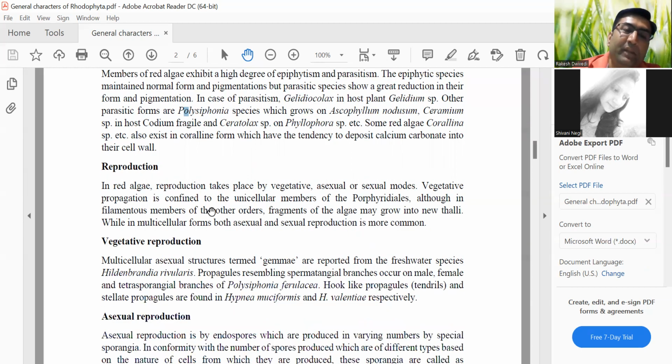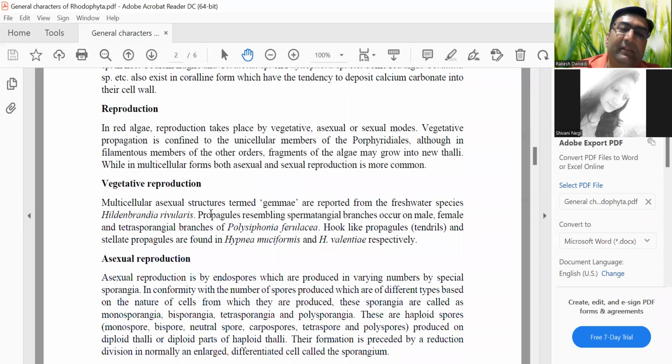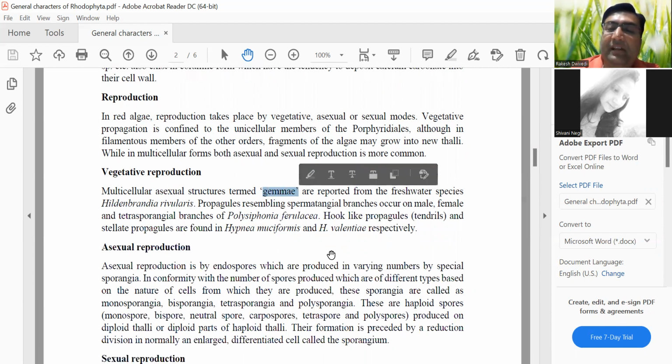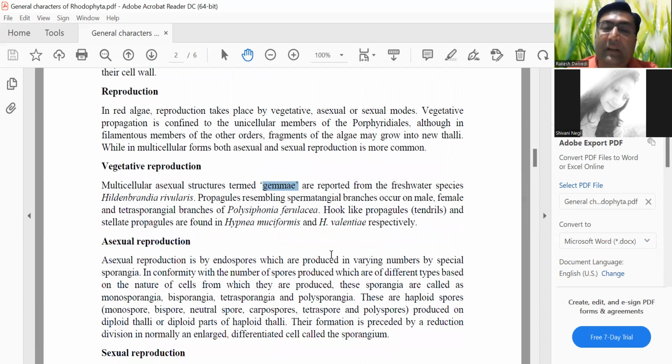Reproduction takes place by vegetative, asexual and sexual means. In vegetative reproduction, some red algae form gemmae, gemma-like structures, as we have seen in the bryophyte Marchantia. Gemmae are reported from the freshwater species Hildenbrandia rivularis.